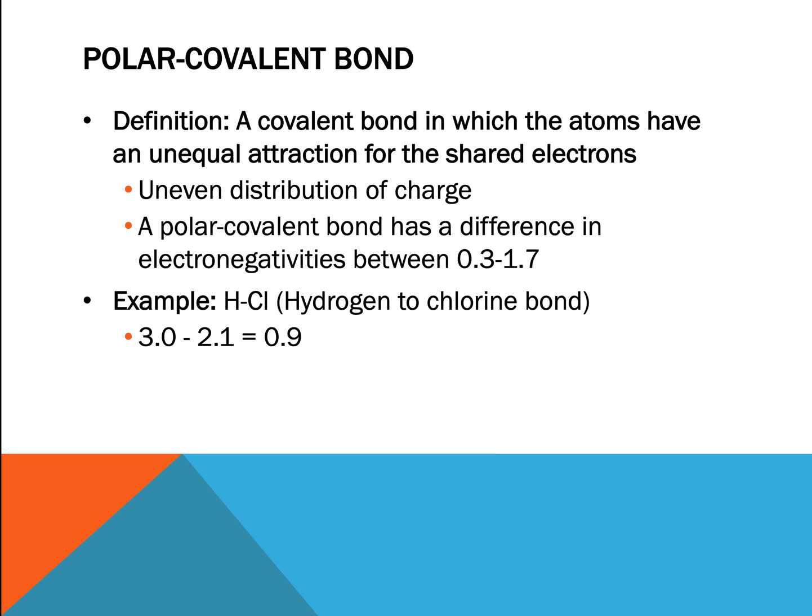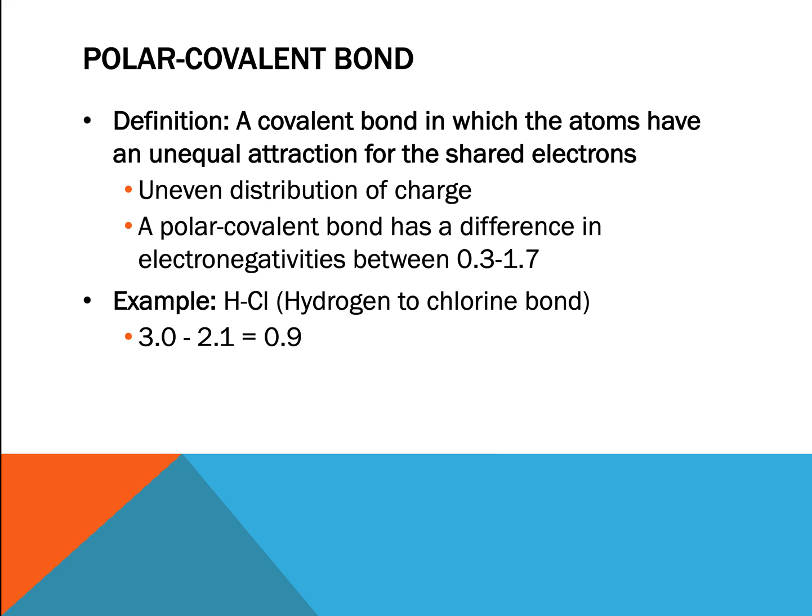Hydrochloric acid, for example, which is HCl, has a difference in electronegativities of 0.9. That means that hydrogen to chlorine is a polar bond. Chlorine has a much higher electronegativity at 3.0 than hydrogen at 2.1, which means chlorine is really going to be pulling that electron closer to itself, making my chlorine partially negative and my hydrogen partially positive.